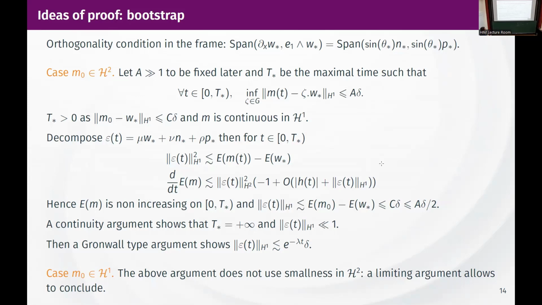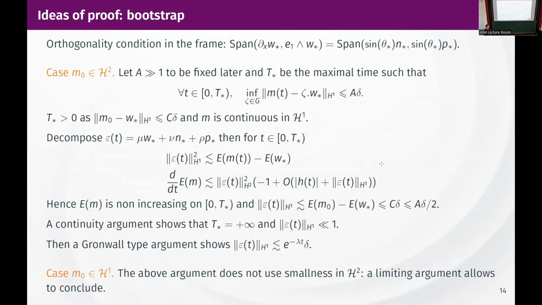So it will tell you that actually the energy is non-increasing, and as it controls the epsilon, then epsilon will be controlled and not dependent on A. So you get a constant C times delta, a universal constant independent of A, and you simply choose A to be C. So on this interval, you were able to improve on this, and then my connectedness argument tells you that T star is plus infinity and that epsilon remains small.